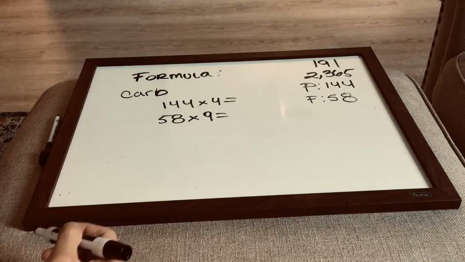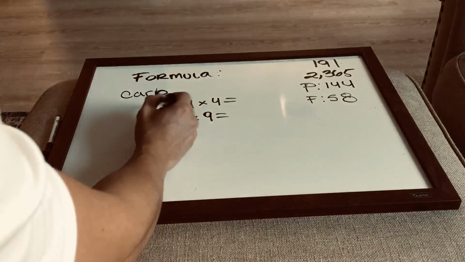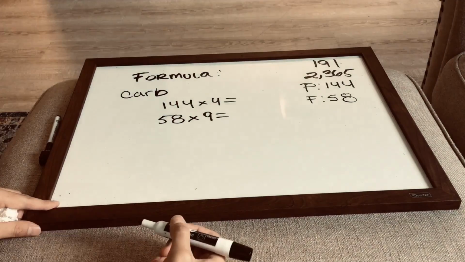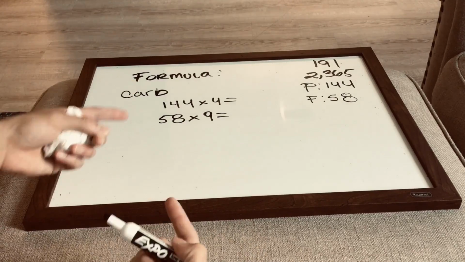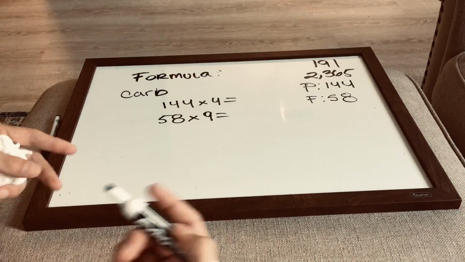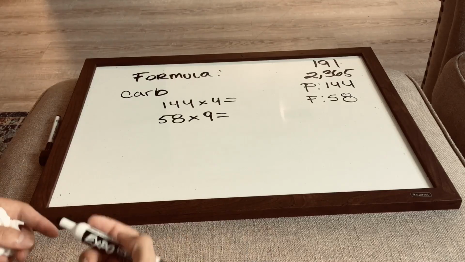So your protein, you're going to multiply that times 4, because for every gram of protein, you have 4 calories. And same thing with the fat. For every 1 gram of fat, you have 9 calories.